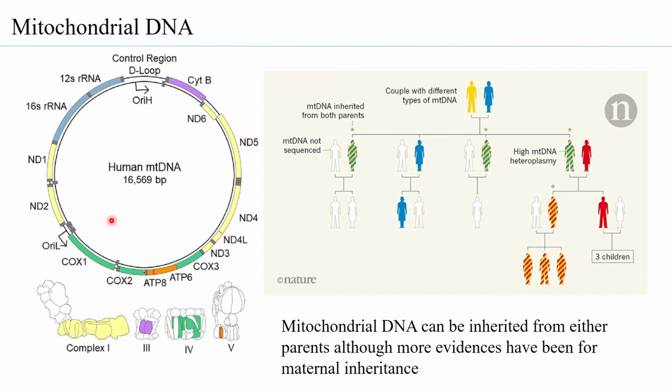So you can understand that within the matrix you can have all of these proteins being synthesized by the 70S type ribosome, and also because it gives rise to tRNA, the tRNA are able to help in the protein synthesis. Of course, the mitochondrial DNA has the origin of replication, so therefore the DNA can multiply.